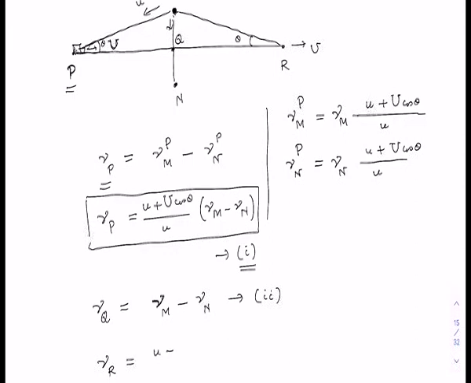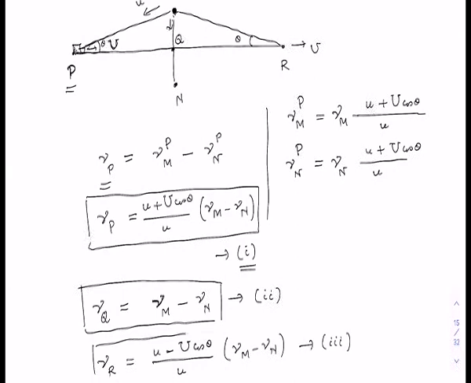I think it is easy to see that it would be (u minus capital U cos theta) by u, and then you have nu m minus nu n. So we have actually worked out the beat frequencies at all the locations.